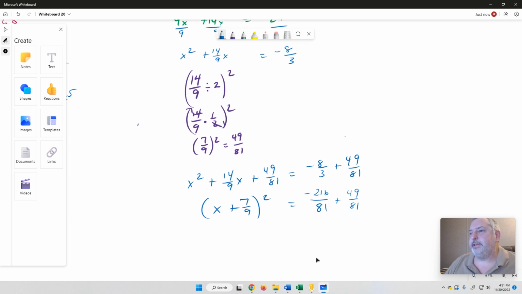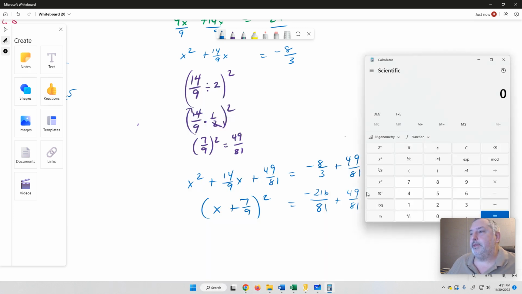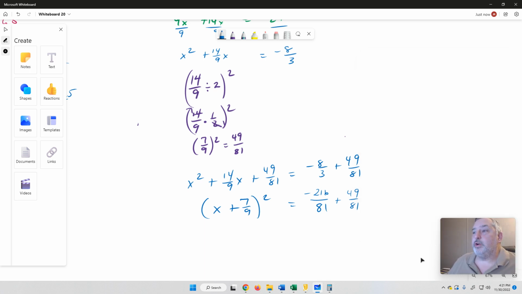It's just fraction dependent. And so I'm going to simplify that. I'm just going to do 216 minus 49. I know it's going to be negative. That's 167. So this will equal negative 167 over 81.